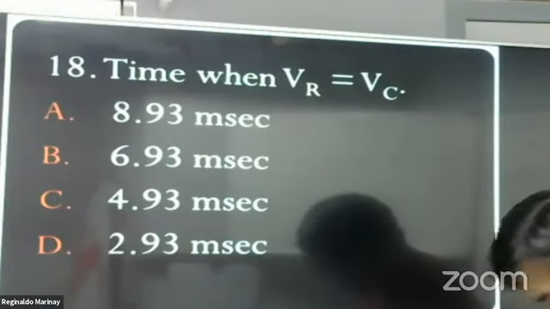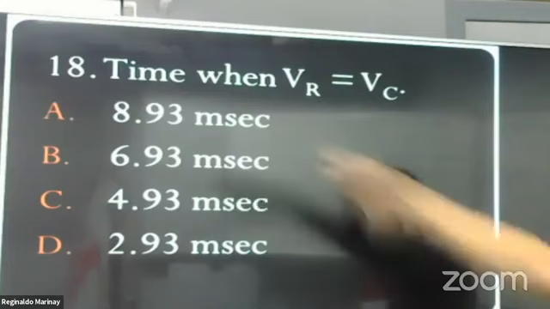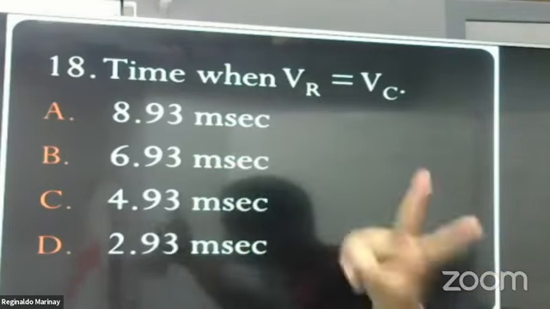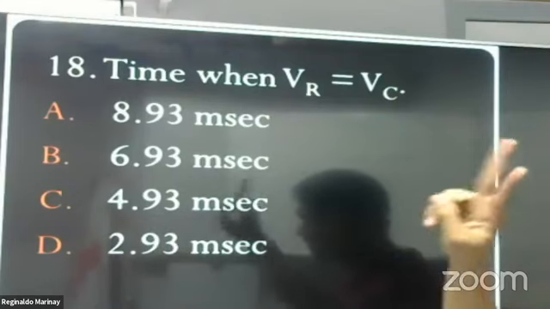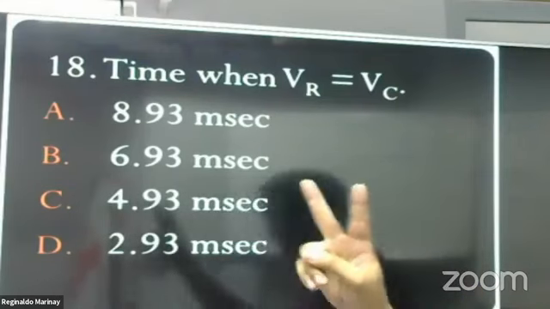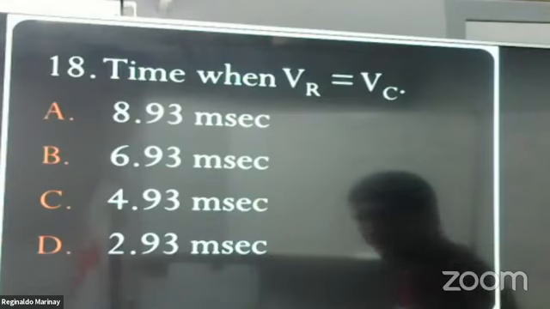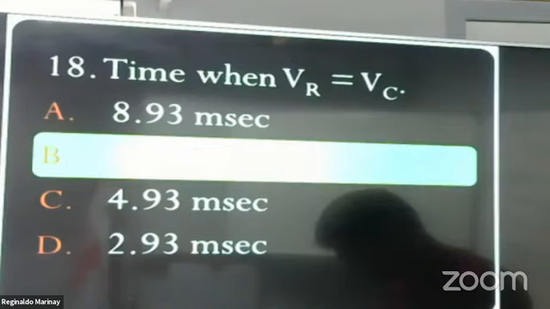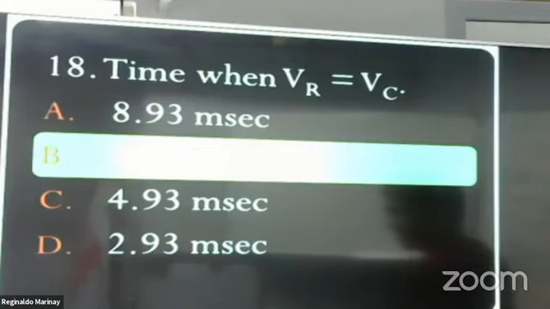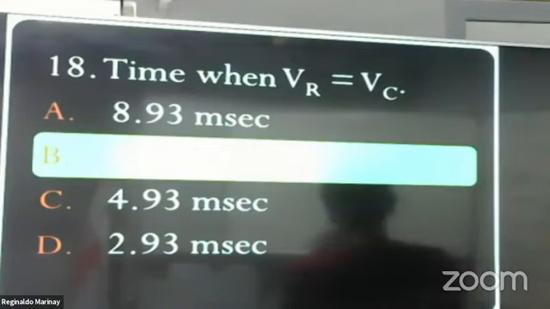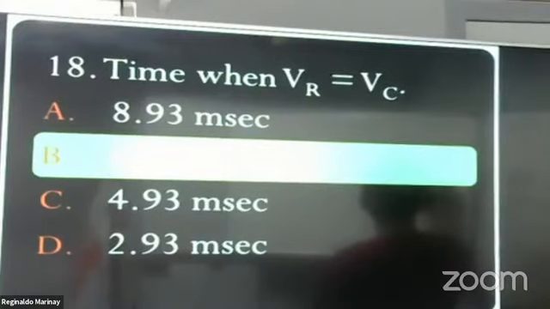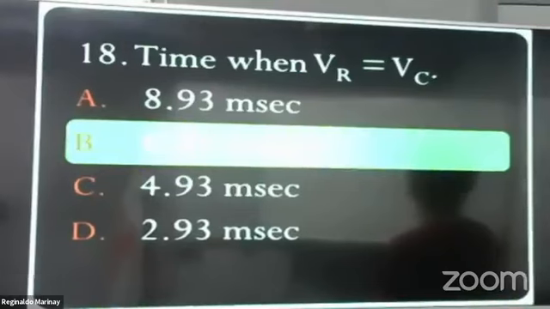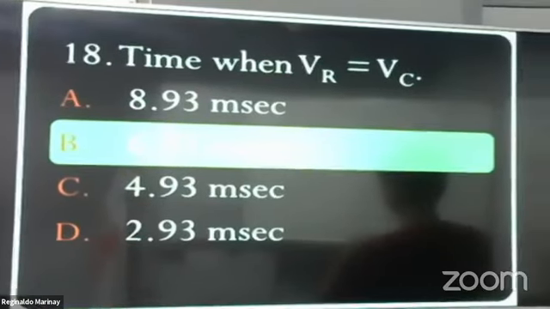Number 18. Is it A, B, C, or D? Okay, so letter B. Very easy. Letter B is the answer. Very good. 6.93 milliseconds.